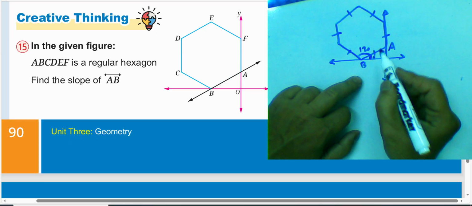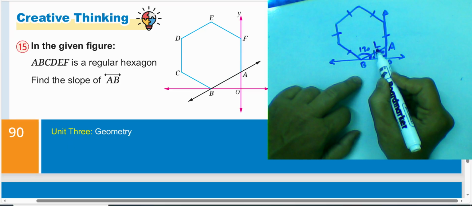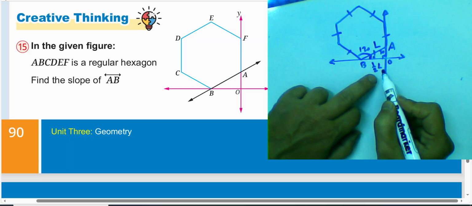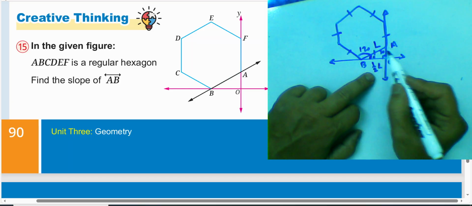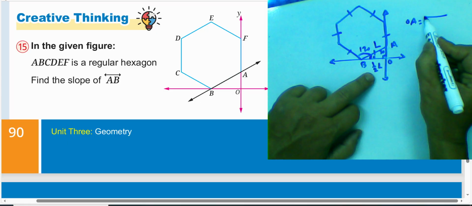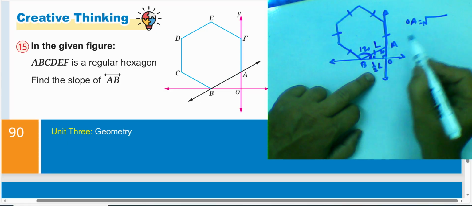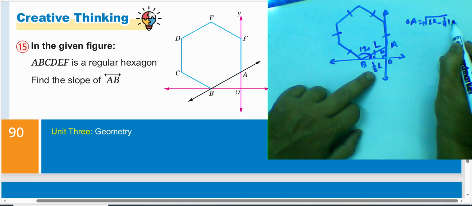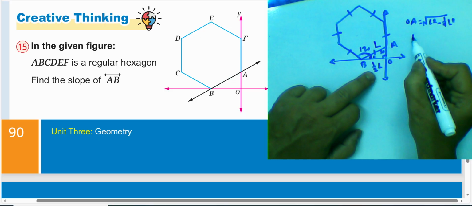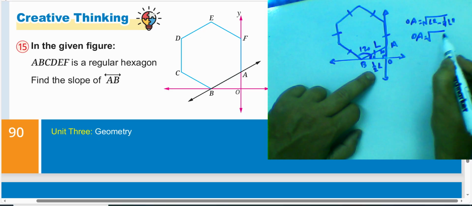Okay, if we put the side length as L, then we have here half L, and from the right angle triangle we can write L power 2. Look here, OA equals square root of L power 2 subtract half L power 2, which is one fourth L power 2. The difference between them, OA equals square root of 3 over 4 L power 2.